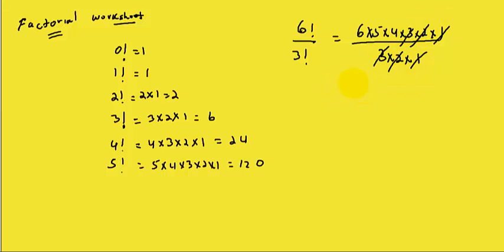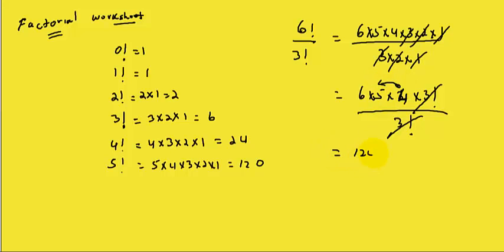Either that, or you can go 6 times 5 times 4 times 3 factorial, and because we know 3 factorials reduce off, we can write it like that, take a shortcut. Okay, so obviously 4 times 5 is 20, 20 times 6 is 120.